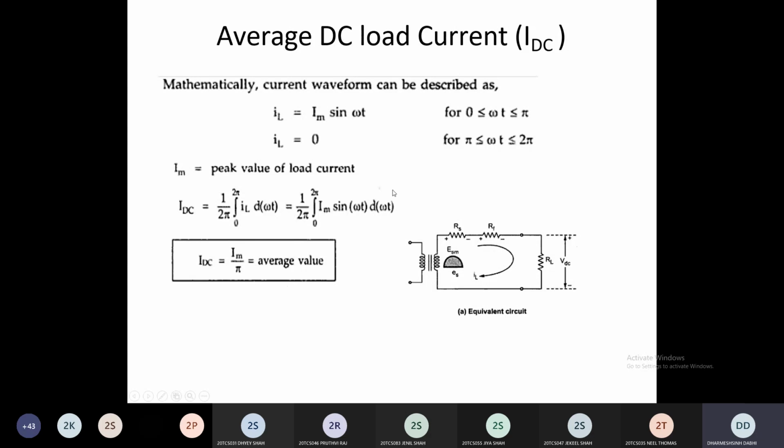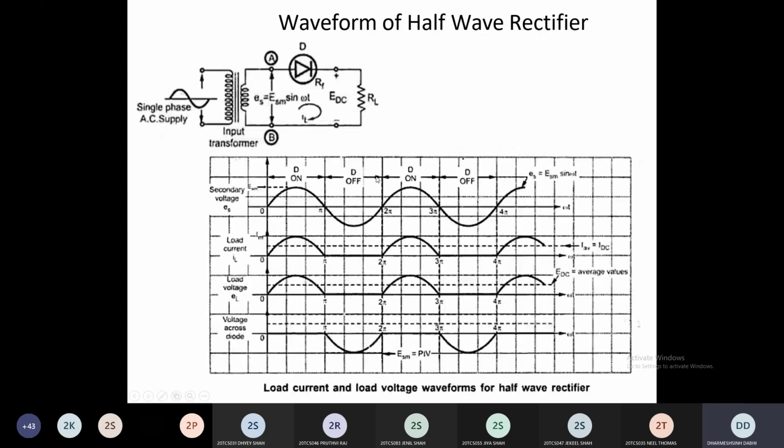In this waveform, the voltage across the diode during conduction is drawn as 0, because we assume an ideal diode.